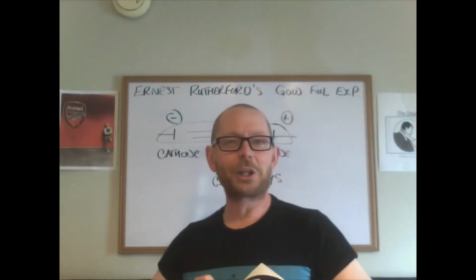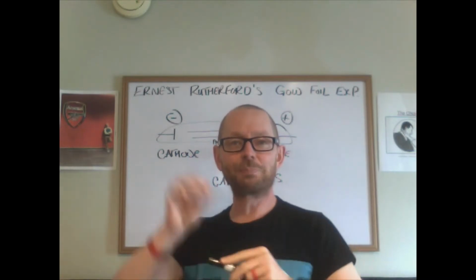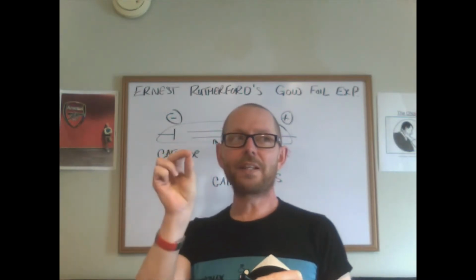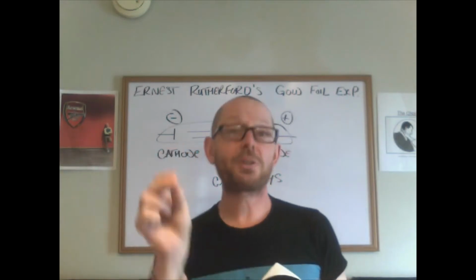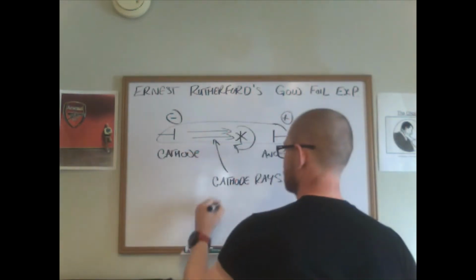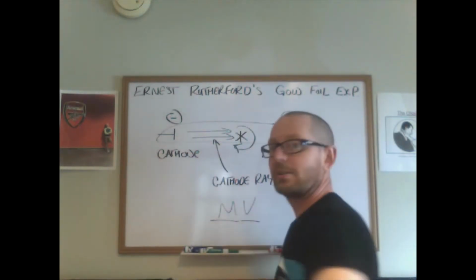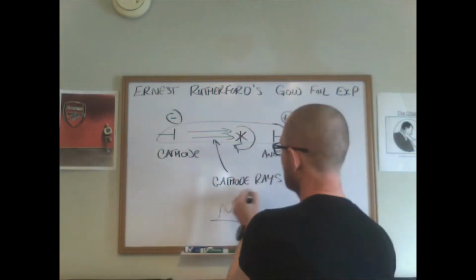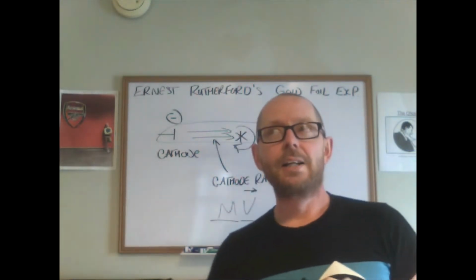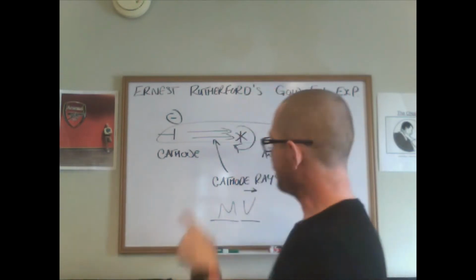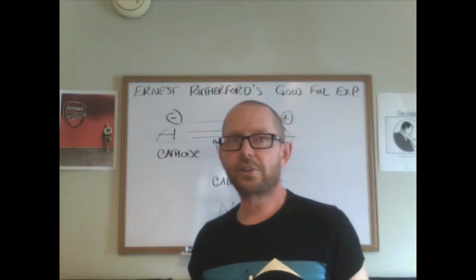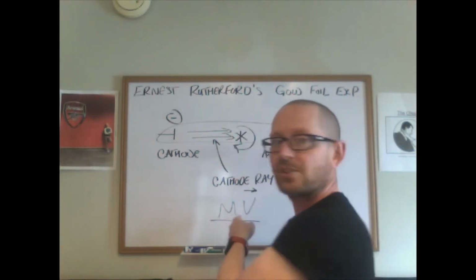And the only thing that can do that is something with momentum, right? And the only thing that can have momentum is a particle, because momentum is about mass and velocity. So we've got these cathode rays, which are really just electricity, but apparently they've got mass.